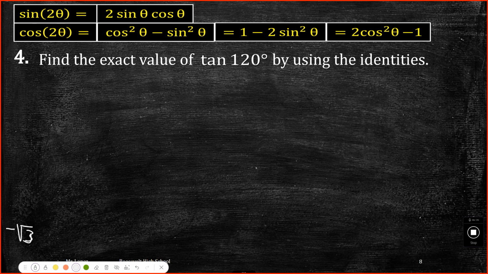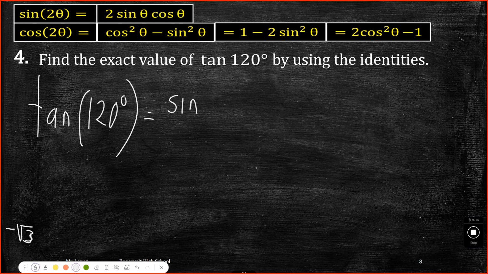Okay, so we're going to do tangent theta. Well, theta is tangent of 120. Tangent 120 is the same as saying sine 120 over cosine 120.